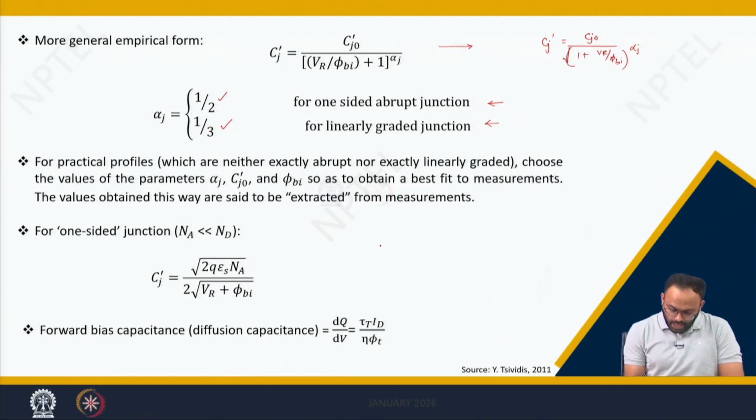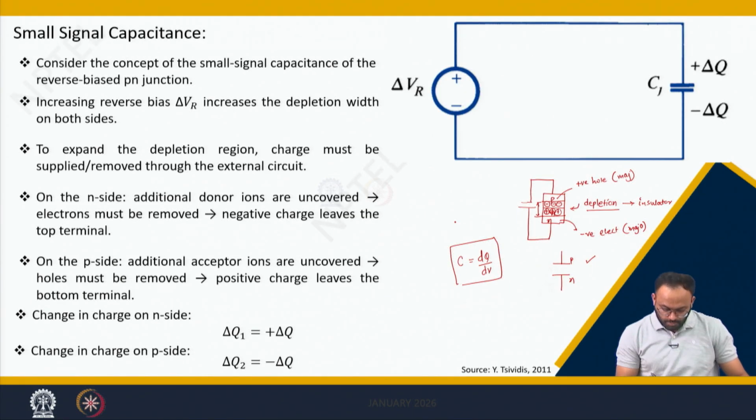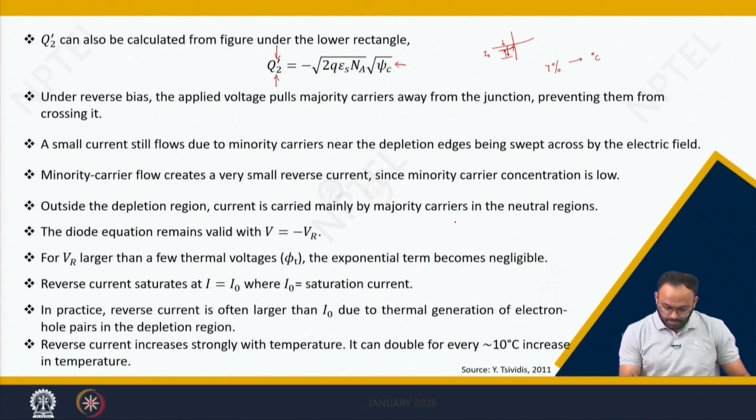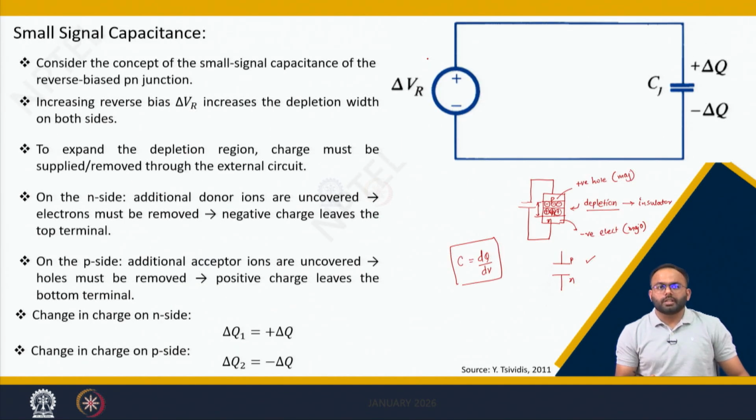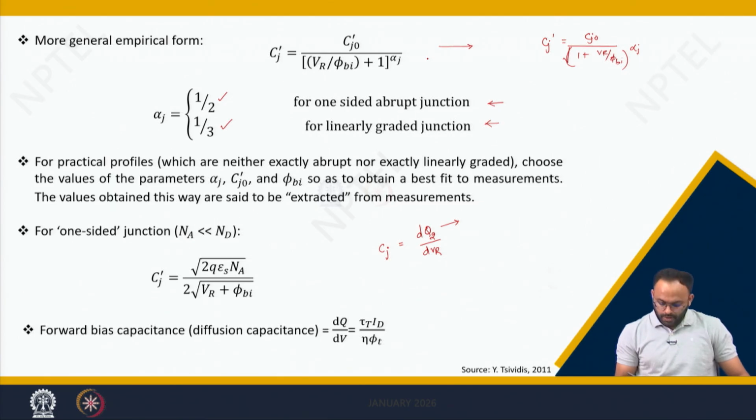Now, let us rewrite the junction capacitance equation for a one-sided junction. We can simply write, in one-sided, it is dq2 divided by dVr, where q2 can be taken from this equation, and you need to differentiate with respect to the reverse voltage, which will give you square root of 2 into q into Na into epsilon s divided by 2 times of Vr plus phi bi.